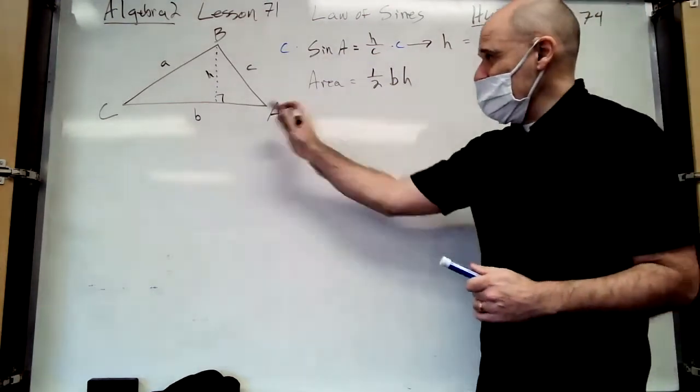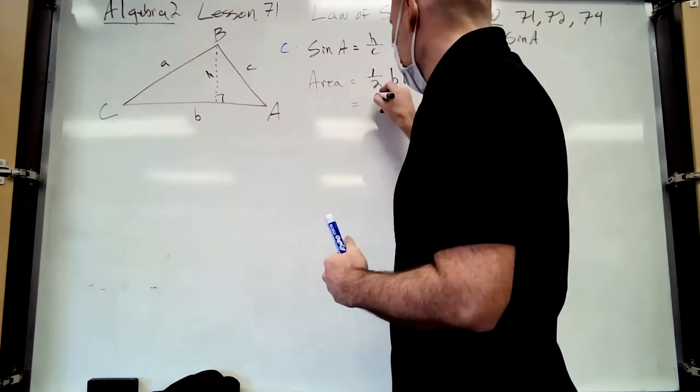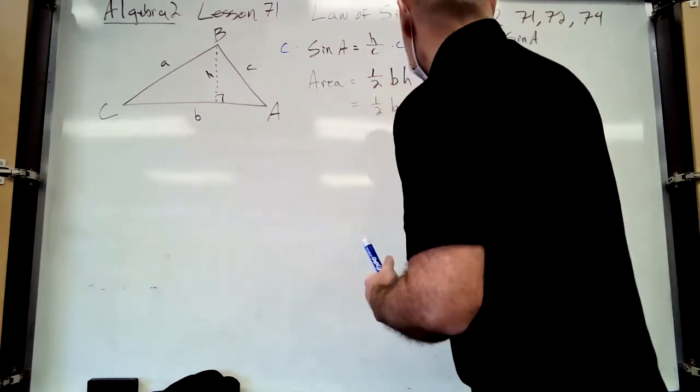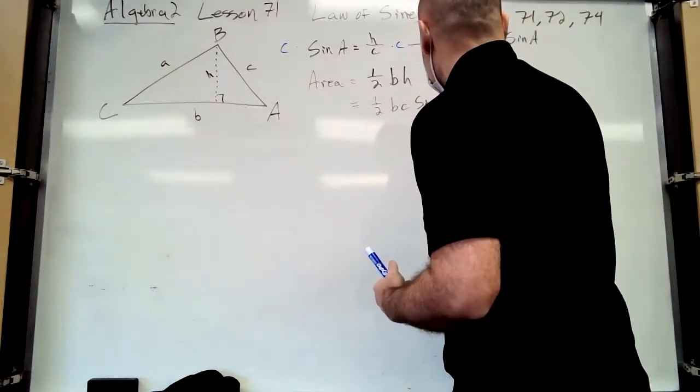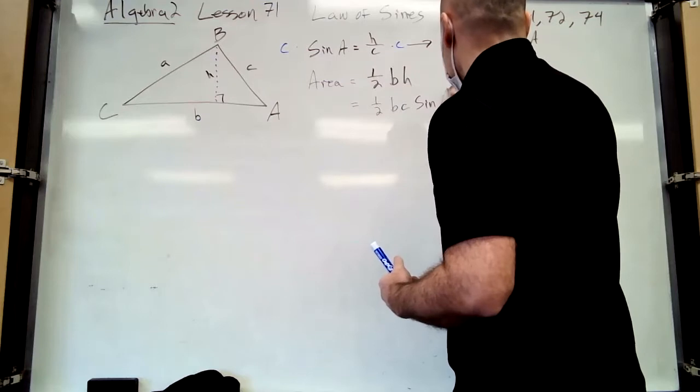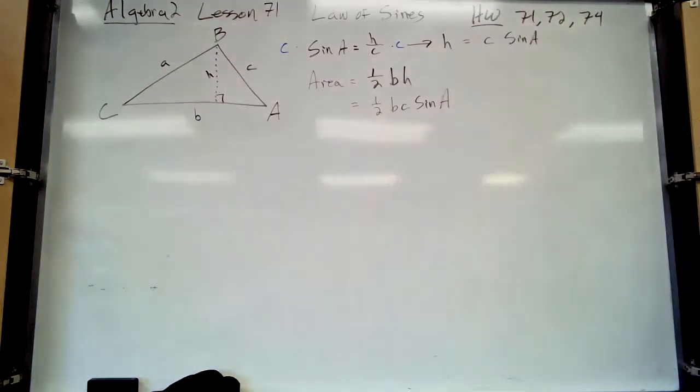So how do you find the area of this triangle? Well, it's 1/2 base times the height, which is C times the sine of A. Now, why is this helpful? Now you can find the area of a triangle if you're not given the height and you're just given a couple sides and maybe an angle.